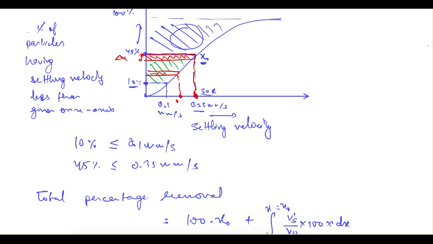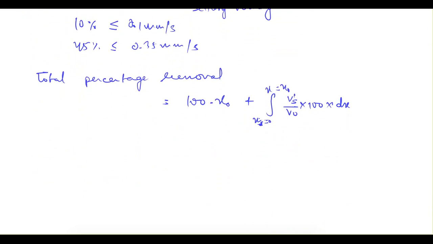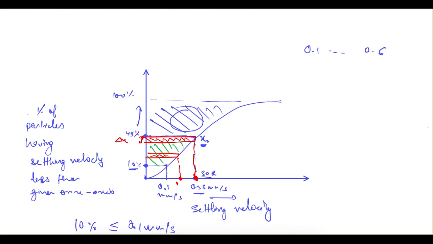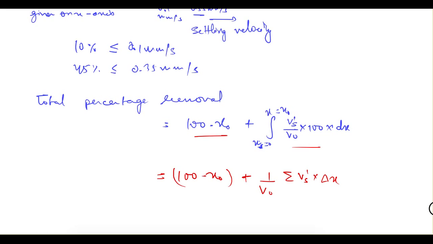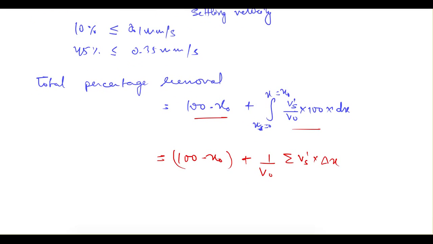So this equation can be written in another form, that is 100 minus x naught, and rather than doing the integration we can do the summation, that is 1 by v naught summation of vs dash into delta x. Delta x is the size of the various strips we are taking. So this way also total percentage removal can be obtained.